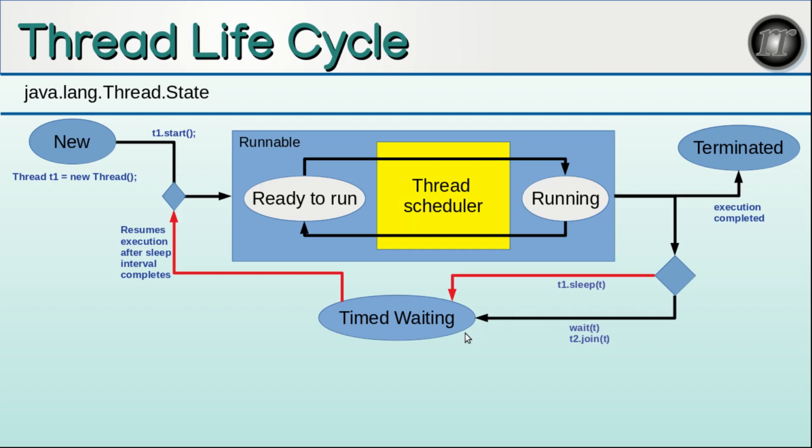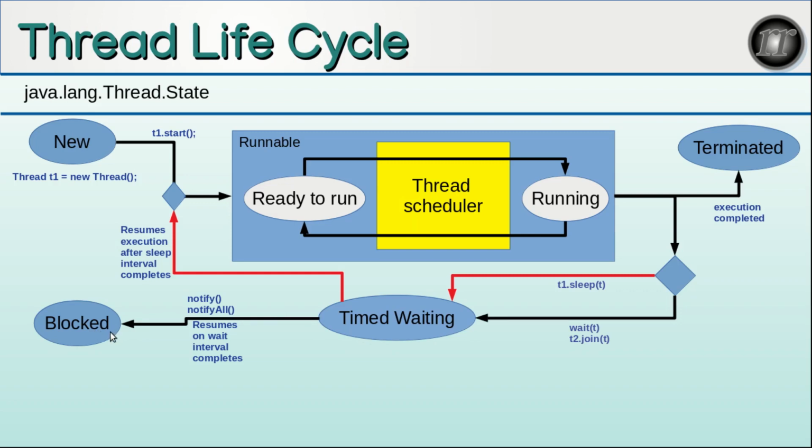If your thread is in timed waiting state using wait or join method, after that time expires, or notify and notifyAll is called by another thread, the timed waiting thread will be awakened and will attain the blocked state.